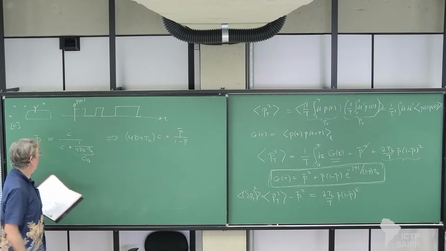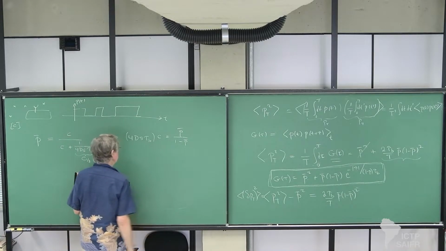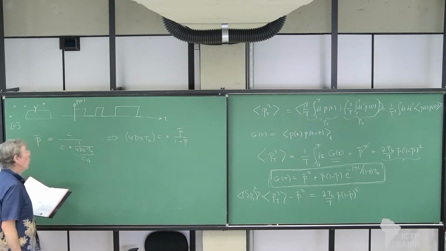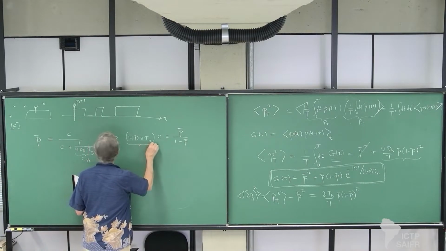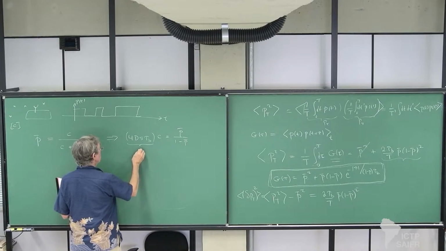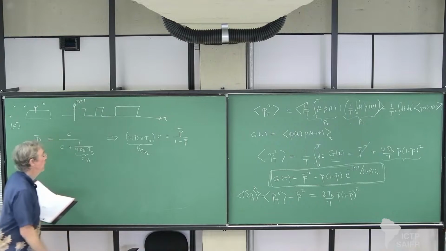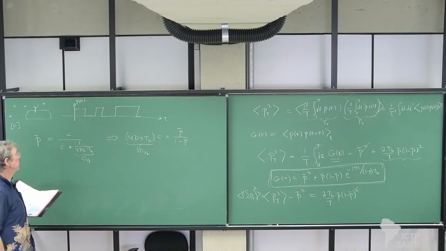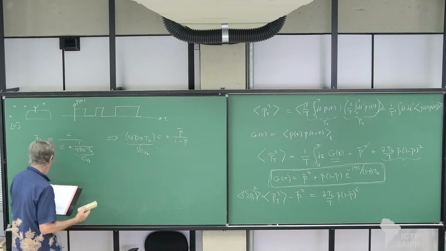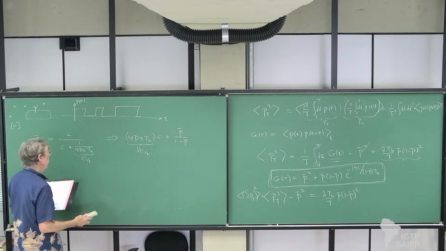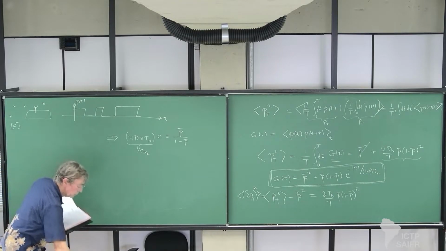Okay, so I have an expression here for the concentration in terms of p bar. And you know what? This is actually 1 over c half. So maybe the right way to say this is, let's rewrite all of this in a slightly more convenient form.